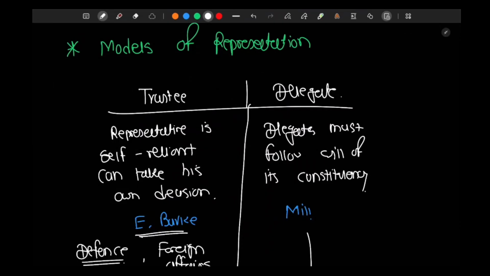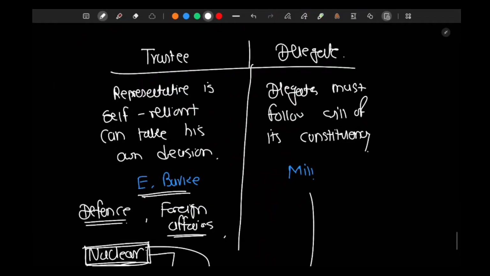So decisions have to be taken in favor of the nation, not in favor of the constituency. But delegate model says that the representative should follow the will of the constituency. Why?